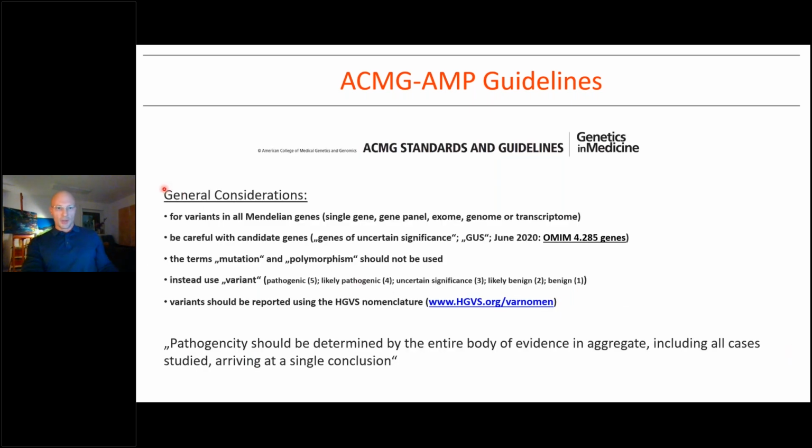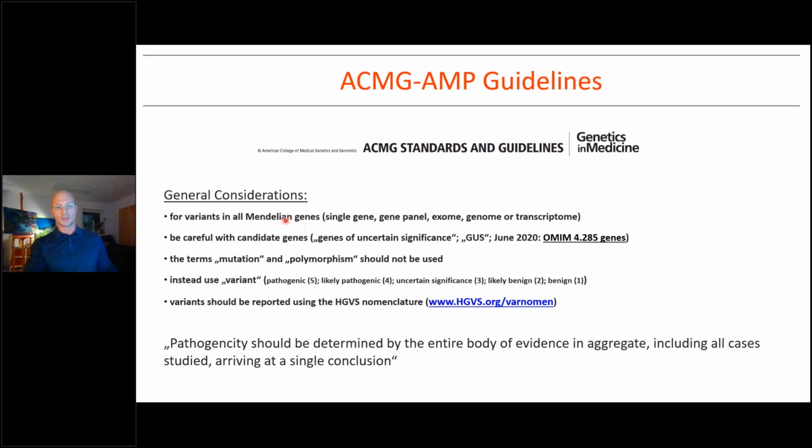So before we go deeper into the ACMG rules, I have to give you some general considerations or disclaimers. I want to say them, because these are often the sources of error when you work with the rules. So the general consideration is that these rules are intended for variants in all Mendelian genes, whether they are detected in a single gene assay by Sanger, gene panel, exome, genome, or even transcriptome.